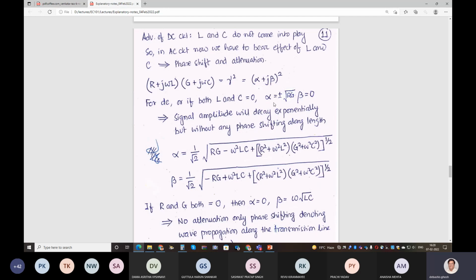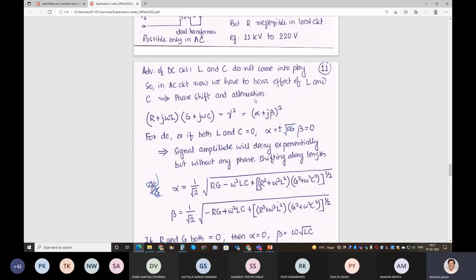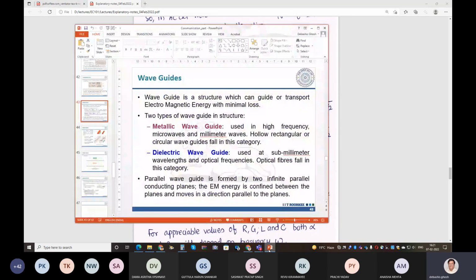So in this case, the signal will be decaying exponentially, but there will be no phase shift along the length. This alpha only will be giving you the attenuation. So your signal will not be in the form of the waveform that I have shown in some diagram. Just a minute.